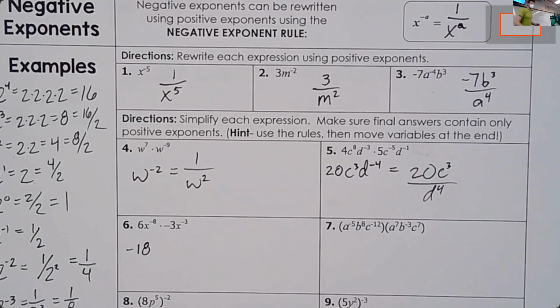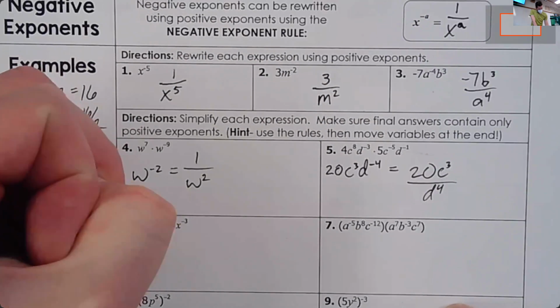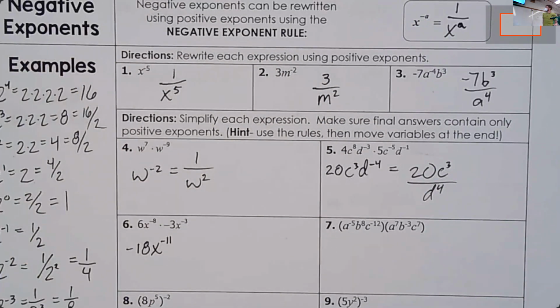I see a lot of calculators out there. Negative 11, yeah. So x to the negative 11. So we're looking at negative 18, x to the negative 11.